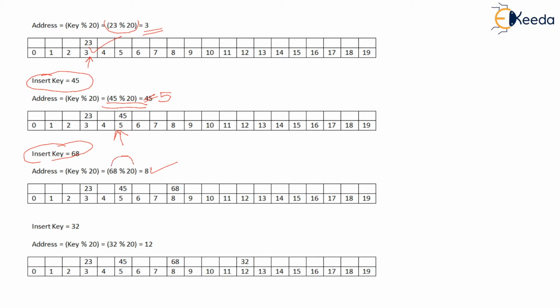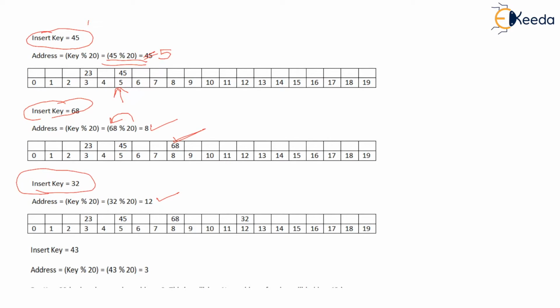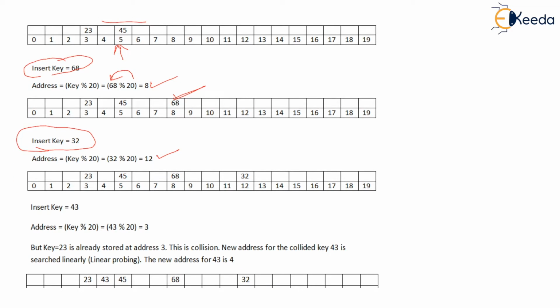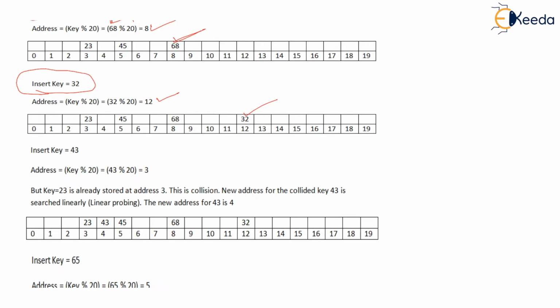So 68 gets mapped to the 8th address. 32, the next key, will be mapped to address 12. As you see, addresses are in the range 0 to 19. Still there are no collisions. Now, what about the key 43?